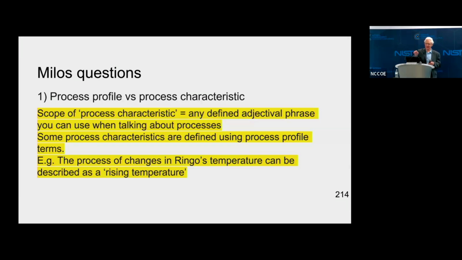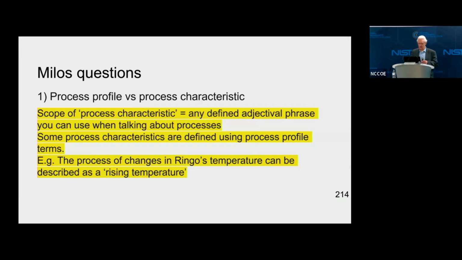So we talked a lot about process profiles and process characteristics. This is a kind of summary in response to Miloš. So process characteristic just means any adjectival phrase treated as if it represented something in reality, when you use an adjectival phrase in a true sentence about a process.